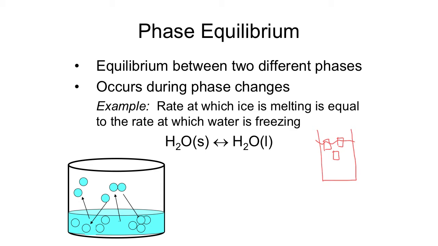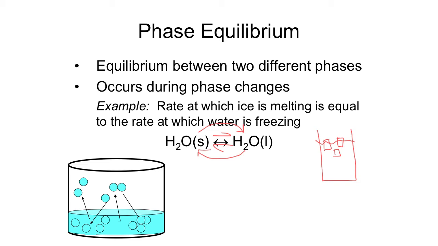If this is at equilibrium, every time an ice cube melts, so if we lose an ice cube here, then we also have to have a new ice cube form. So therefore, we can see that the rate of our forward is equal to the rate of the reverse, and that the amounts of everything stays constant.